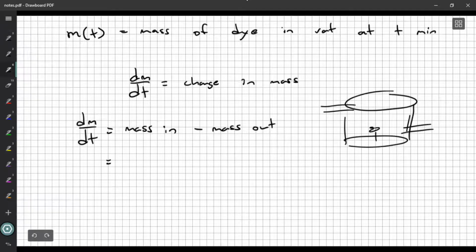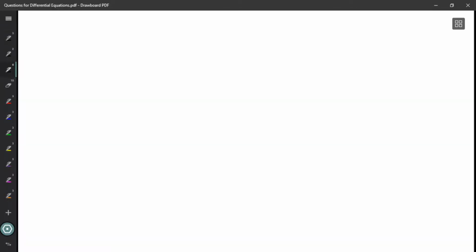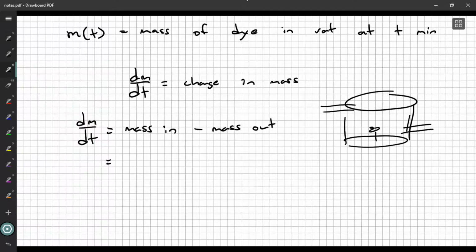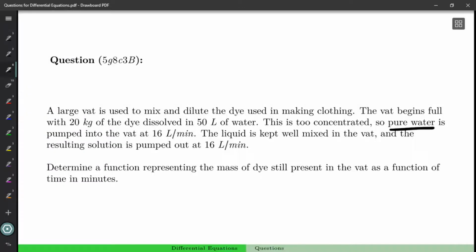Well, how much mass is going in? Pure water is being pumped into the vat because there was too much mass in there. It was too concentrated. So in fact, we can say there is no mass in.